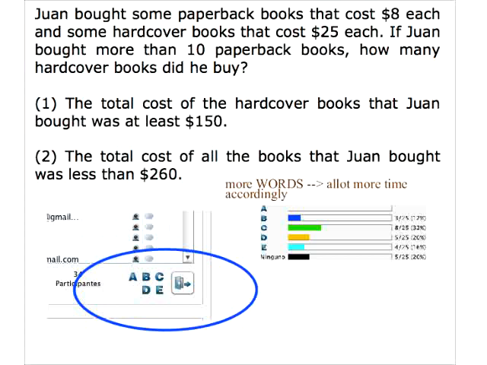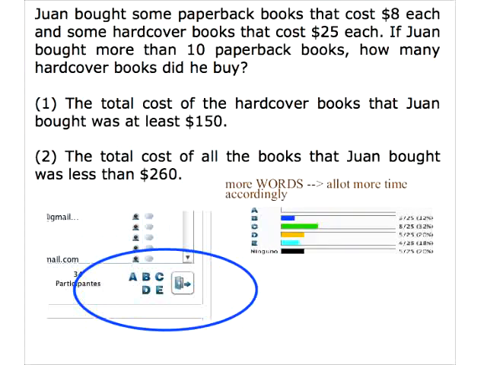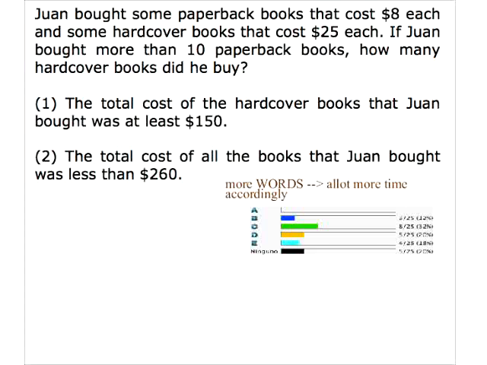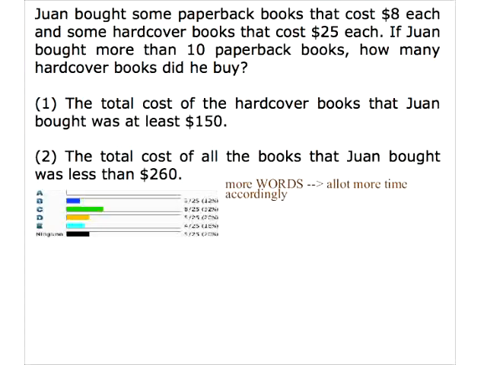Well, first, as with all other data sufficiencies, the first thing we have to do is focus on the issue. Like, what's the question? The question is, how many hardcovers? So this is not a yes-no type question. This problem actually requires a specific value.